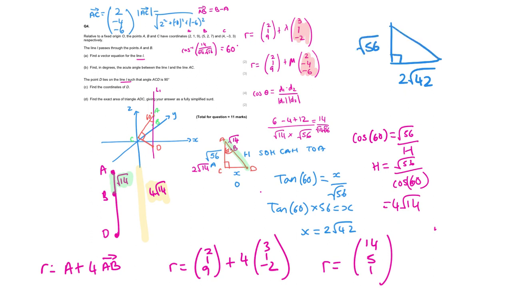Base times height divided by 2 is root 56 times root 42 over 2, which gives me 28 root 3 units squared. Okay, yeah, you're right. Sorry, this was a half times and then 2 here, but I cancelled them. That's why. Perfect.